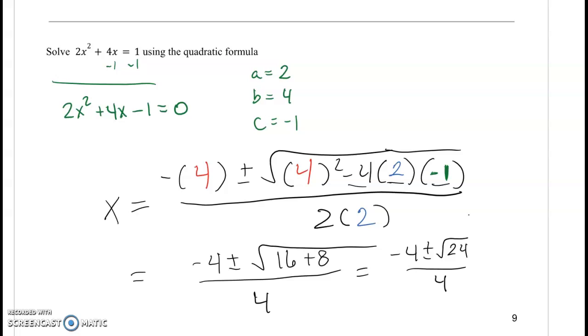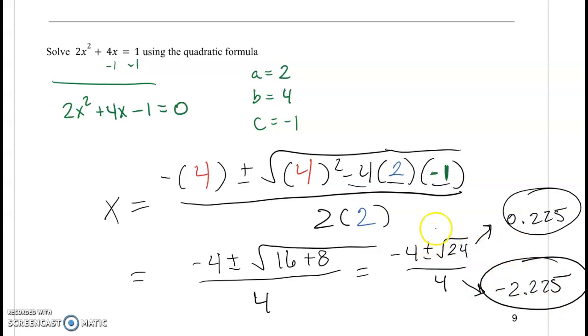We hopefully know that the square root of 24 does not have a nice solution, so we'd have to round. And if you use your calculator for this part, which you would need to if you were going to round this, I think you get about 0.225, and you get about negative 2.225. Remember, to get the two answers, you do one with the plus, and then to get the other answer, you do one with the minus.